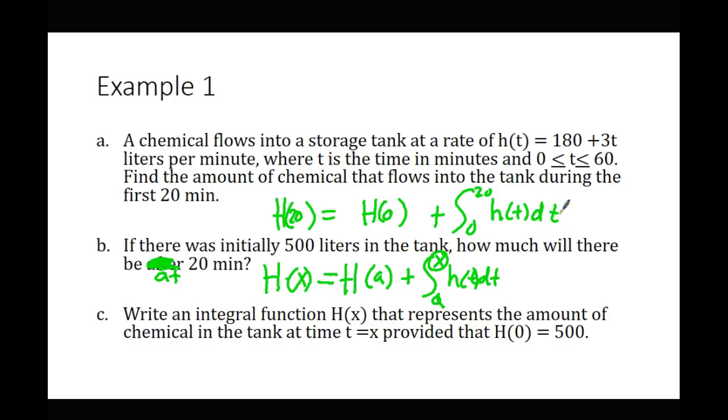Now we already figured some of this stuff out here. H of 20 is equal to, what's H of 0? Now a big H represents how much you started with, the starting amount, right? Remember on the last slide I labeled the big F of A as your starting amount? So big H of 0 is my starting amount. That's 500 liters is what we're starting with. And what did we calculate the net change to be? 4,200.